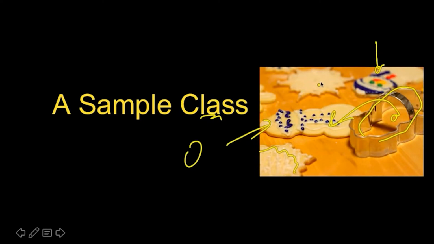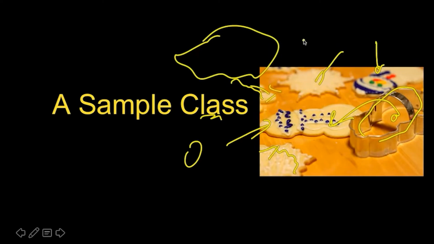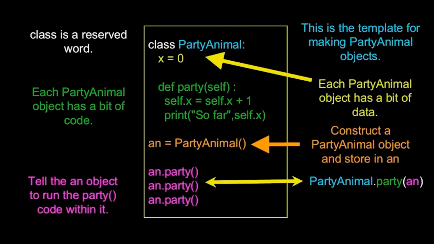There's clearly a sort of a snowflake class and a gingerbread man class. That's an object, object, object. Somewhere out here there is a snowflake class and a gingerbread class, but we got a snowman object and a snowman class. So class is the template, object is the instance.